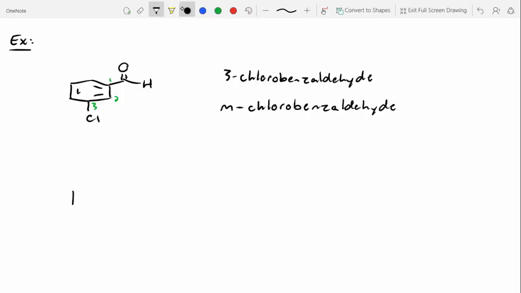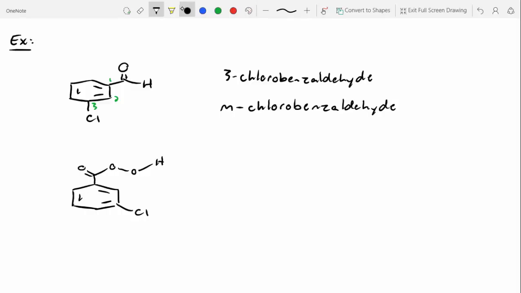But one thing I did want to point out was, do you guys remember when we were talking about this reagent? Yeah, it's a peroxy acid. So the parent for this benzene would be a peroxybenzoic acid.